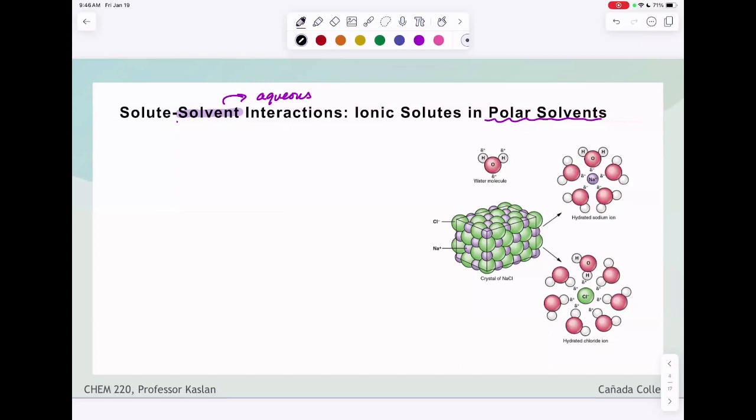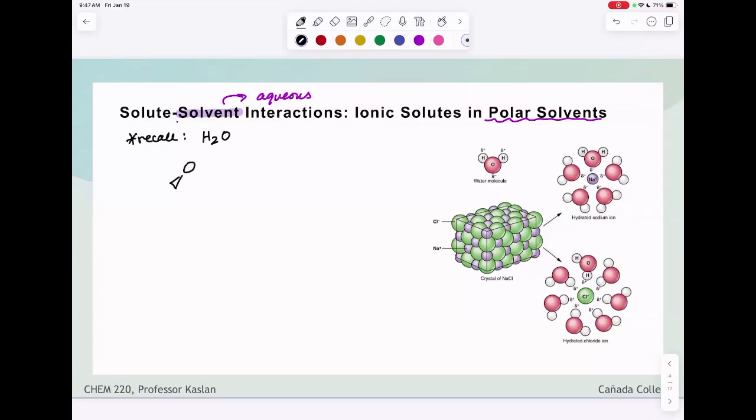So let's remind ourselves about the 3D geometry of water and why that means it's polar. And something that's also kind of special about water, it's not just polar, it's also kind of crazy polar. So we'll talk about why. So water, H2O, has a geometry that is bent.